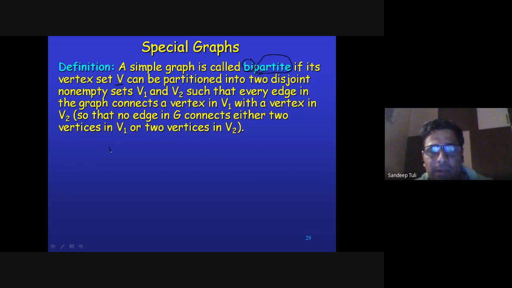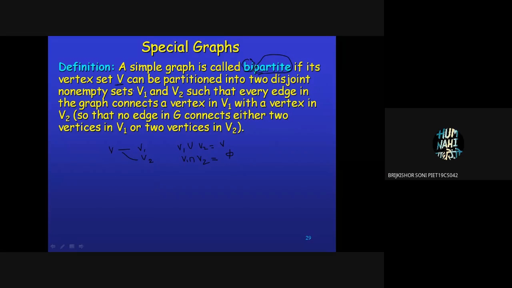So V will be divided into two sets, V1 and V2, such that V1 union V2 will be V. It means all vertices should be covered. No vertex should be left out. The union of the two parts should give the total V, and no vertex is left. And V1 intersection V2 means no one should be common between them. No vertex will be common.